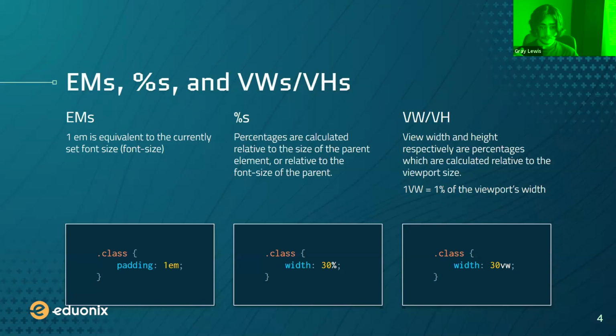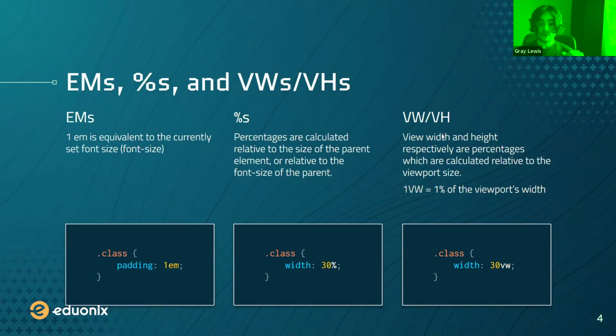For percentages, it's going to be calculated relative to the size of the parent element, or if that percentage is on a font, defining the size of a font, it will be relative to the font size of the parent element. And it's just exactly what you'd think. 33% is going to be 1/3 of the width of the parent element.